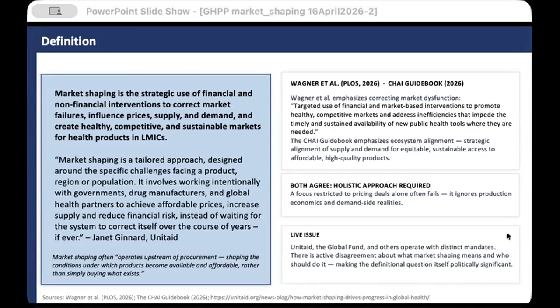Now, I happen to die a little every time I use the word market, when really we're talking about people in need. There are two recent publications that I'd like to point out. One is by Wagner et al., that includes some authors from various global health actors working in the space, and then a very detailed CHAI guidebook. There are other resources available on the last slide that we'll get to.